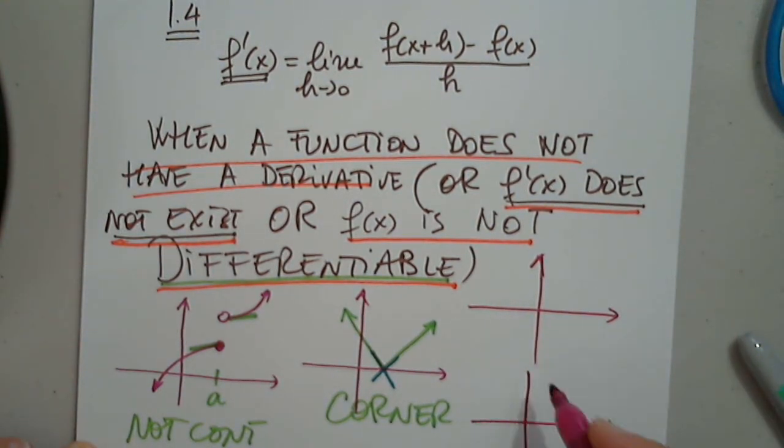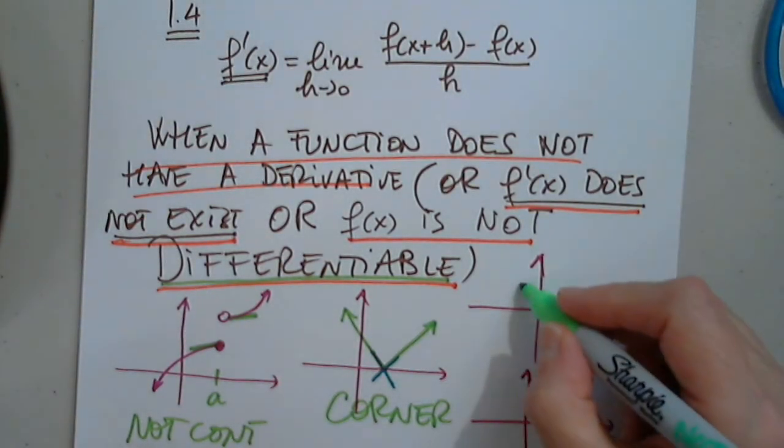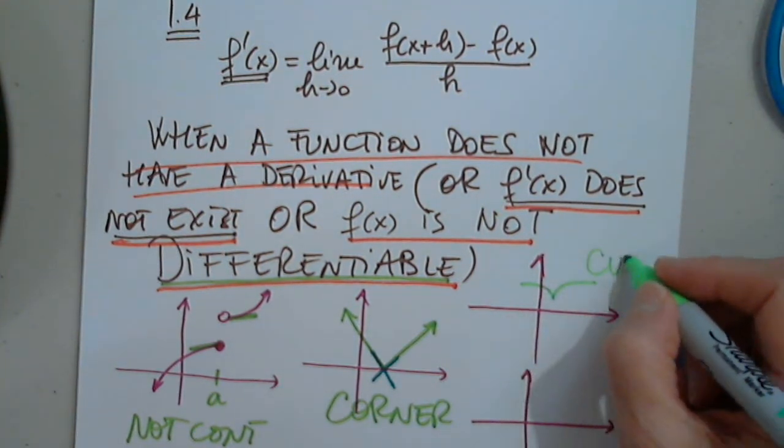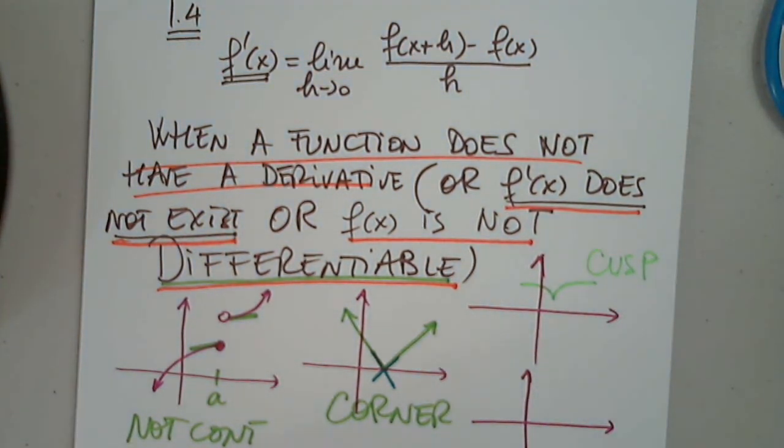Pretty similar. These two are pretty similar. Here's one, like between two teeth. It's called the cusp. And here's another situation, and as I said, they are very similar, these two. It's a vertical tangent.